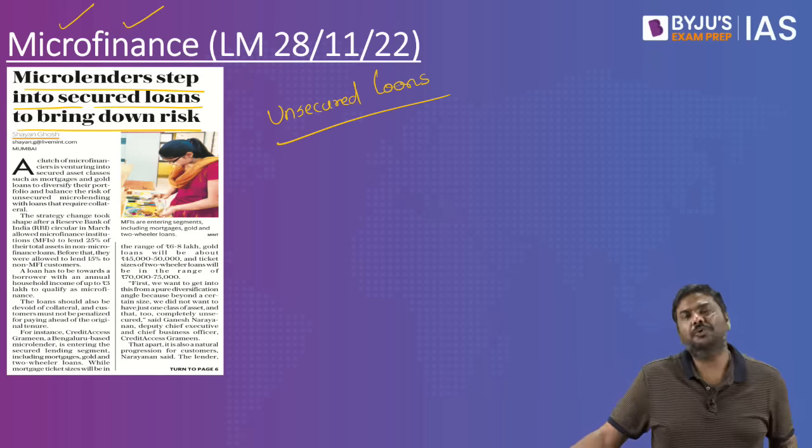Next article is regarding DBT in fertilizers. In the earlier videos, we have been discussing the concept of DBT and also the issue related to fertilizers. But there is one very important point mentioned here. Follow this very carefully. Although we have implemented DBT in fertilizers, what is DBT? Direct benefit transfer.